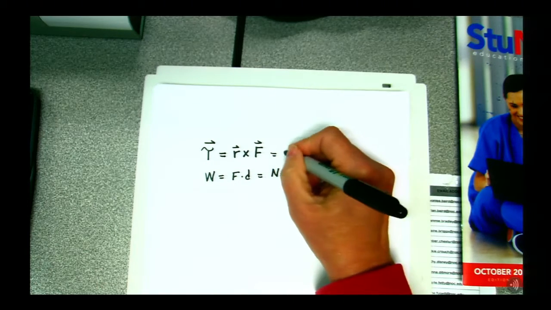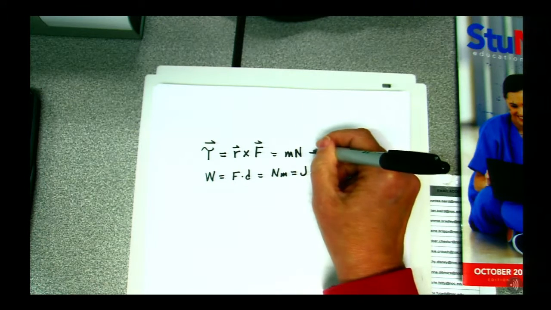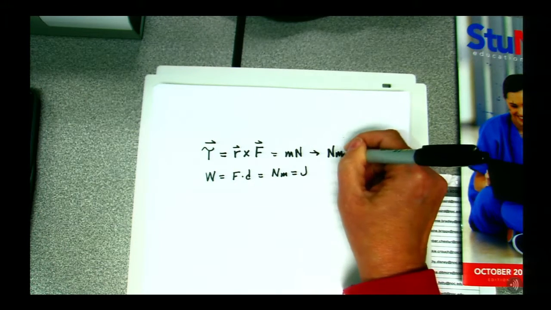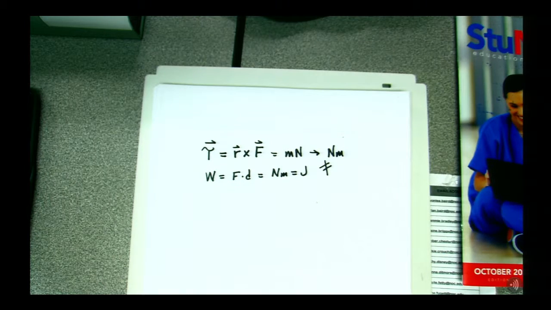If we write the units in the right way, we get meters, newtons, but by convention we write it Newton meters, but these two things are not the same, because one is a vector quantity, one is an energy, one is a scalar quantity, one has direction.